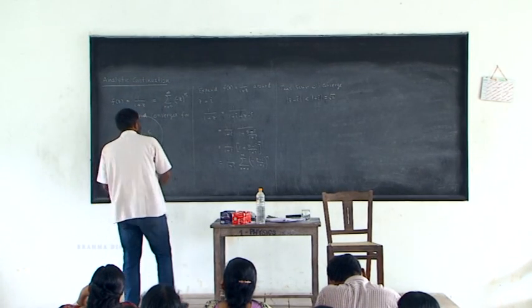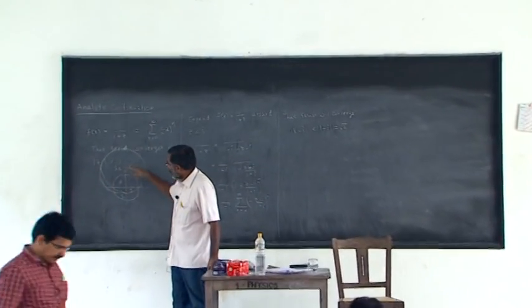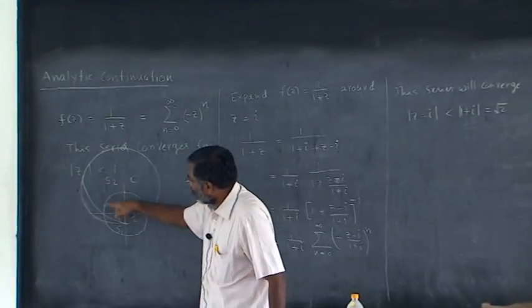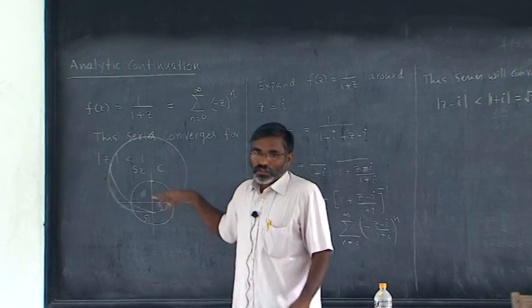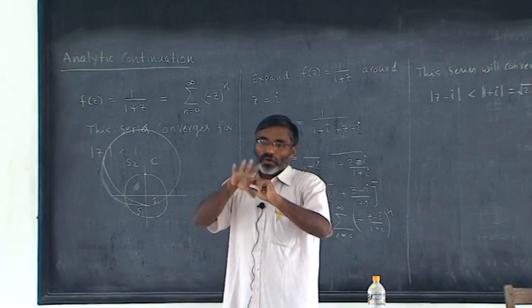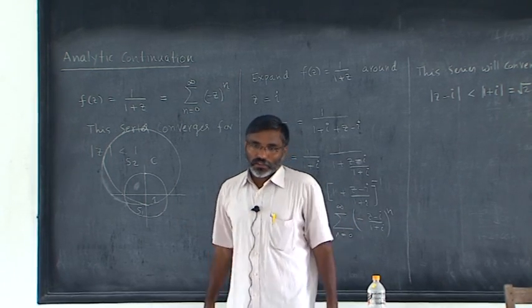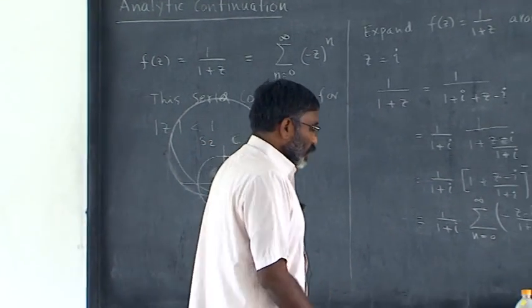Like in this case, I have a series here which has a region of convergence as S2, and I have a series here which has a region of convergence as S1, and there is an overlap between S1 and S2. So these two series may look very different, but if there is an overlap of the region of convergence, then they will converge to the same function. Okay?